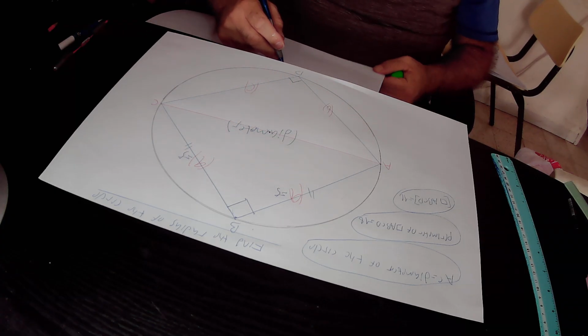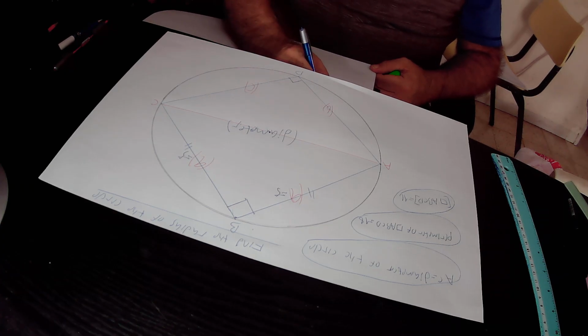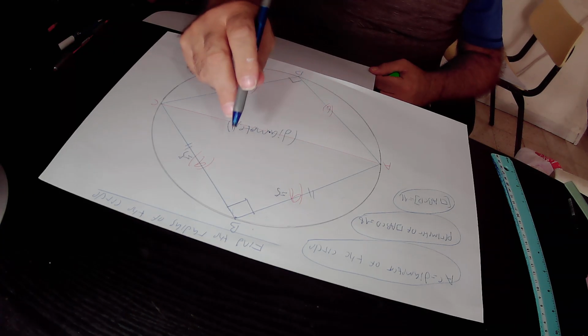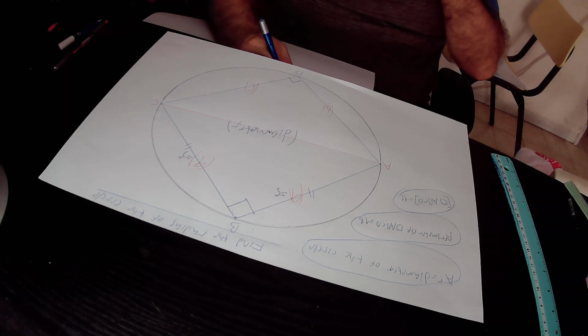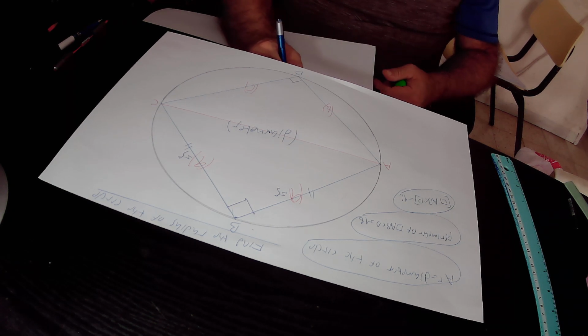According to the Pythagoras theorem, in this right triangle ABC, AC squared, that is the square of the hypotenuse, equals AB squared plus BC squared. Here PT is a relation from the Pythagoras theorem.